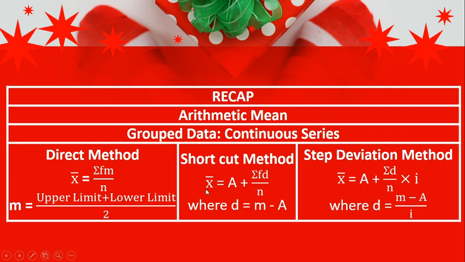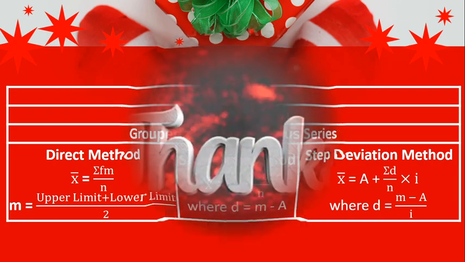Shortcut method, X bar is equal to A plus sigma Fd by N, where D is equal to M minus A. And in the step deviation method, X bar is equal to A plus sigma Fd by N into I, and D is equal to M minus A by I. So this is for your continuous series: direct method, shortcut method, and step deviation method.